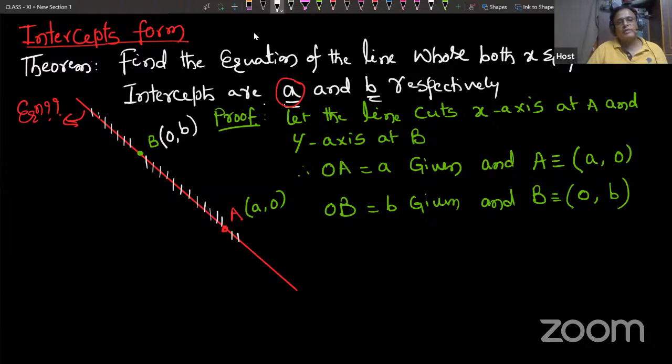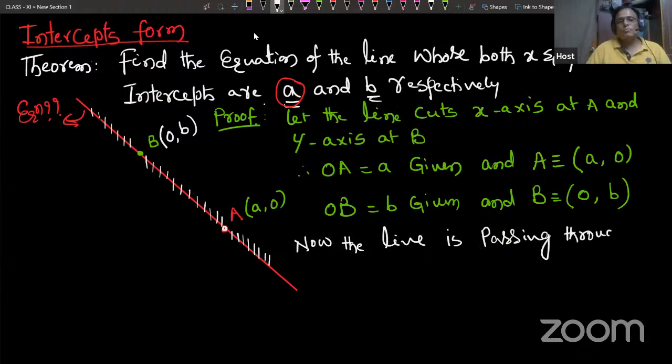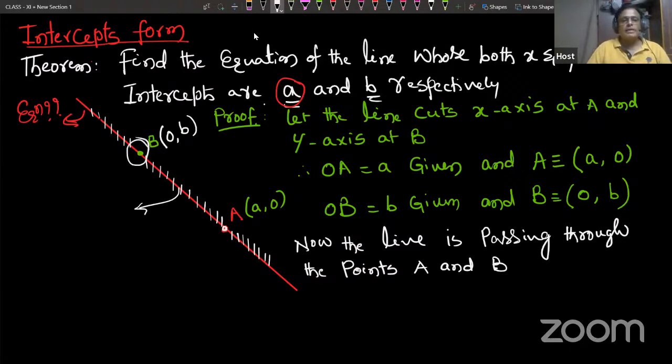Clearly you are observing this red line is passing through two given points, A and B. Therefore, we know, from the previous theorem we have studied, whenever the line is passing through two given points, what is the formula?